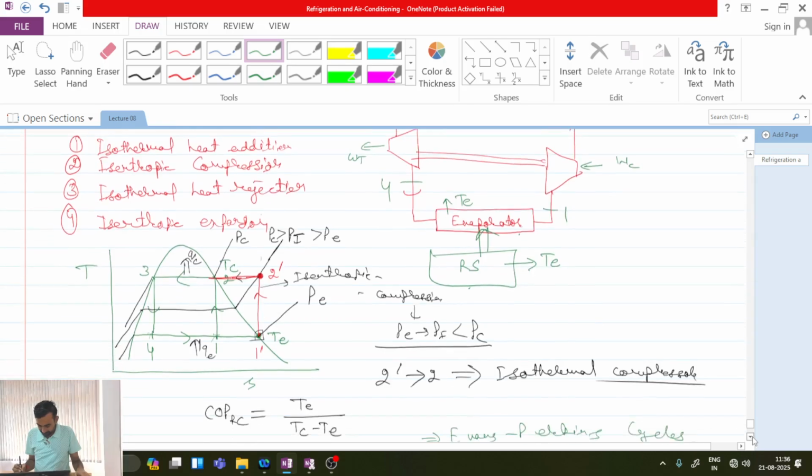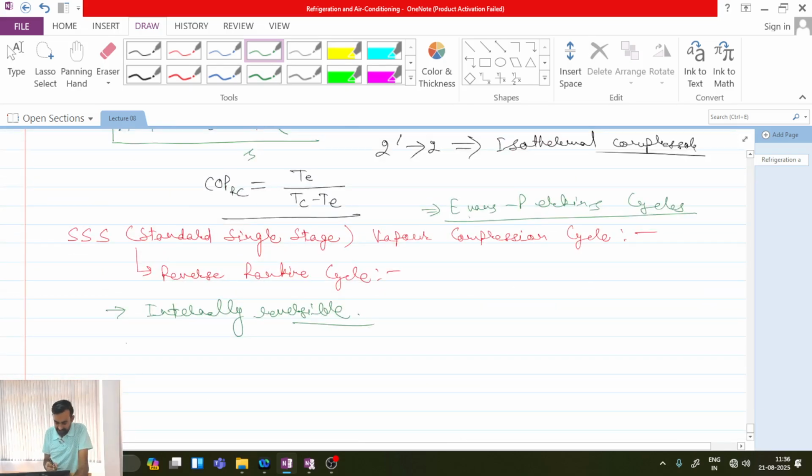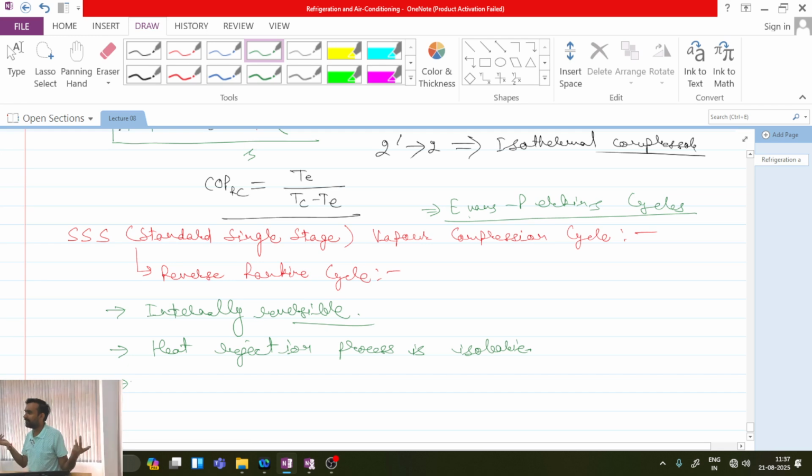So what relaxation, second relaxation I have given, that heat rejection process is isobaric. All are clear with this point? What else? If you talk about heat addition, it will be both isobaric and isothermal, because in heat addition again I am operating within the dome only, so it will be both isobaric as well as isothermal.